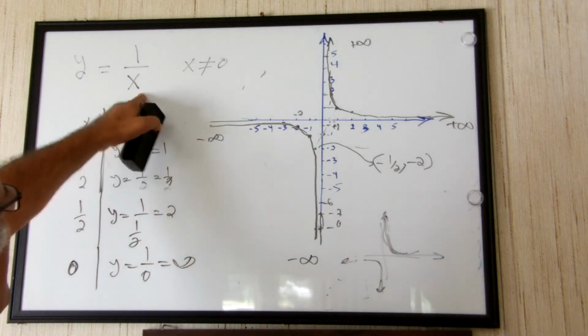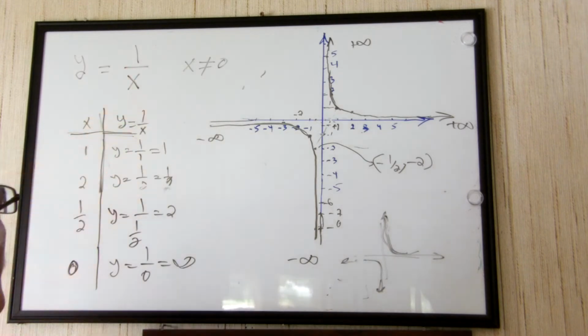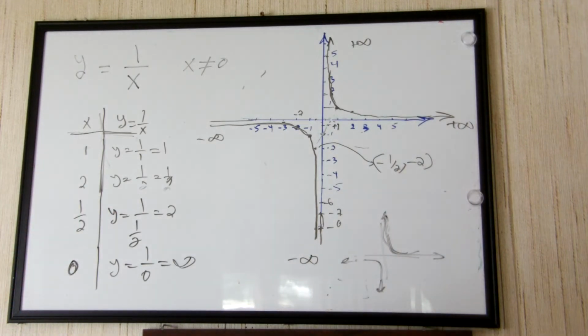If the denominator is 0, one number divided by 0 is going to be infinity. So we got some idea what this looks like. Let's talk about the domain a little bit here. We're going to get into that in more detail.